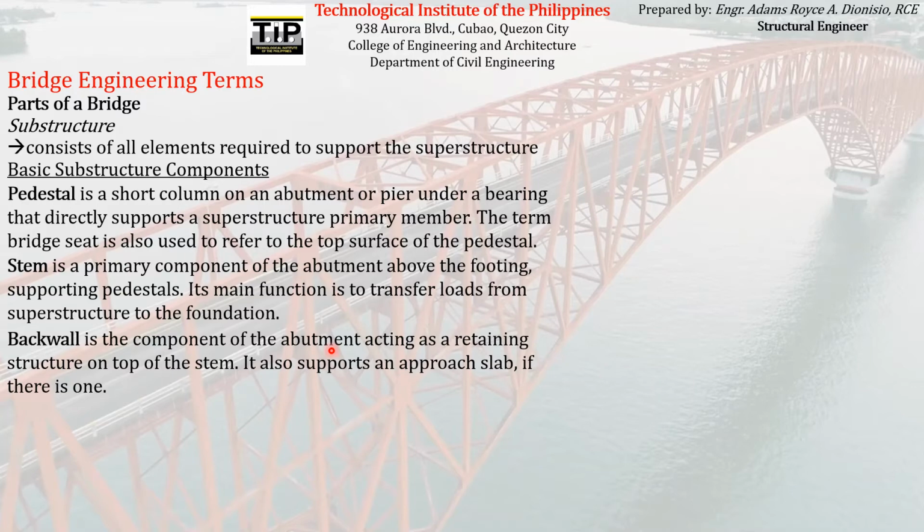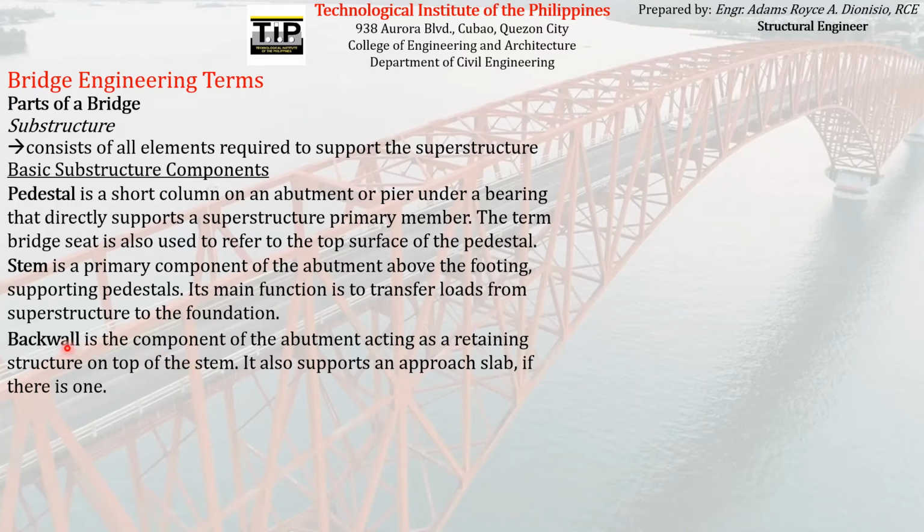And in addition to that, we usually have also back walls, with the same purpose as the abutment, which is to act as a retaining structure on top of the stem.